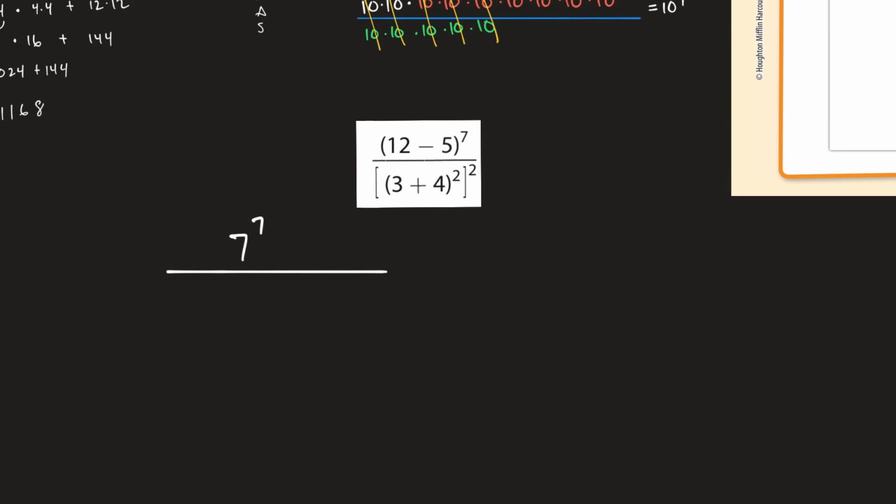Oh boy. 7 to the 7th power is a big number. And then that's over, what, 3 plus 4. I got to do 3 plus 4, which is 7 to the 2nd power. So this is going to be 7 to the 2nd power, and I'll put these right here to the 2nd power. And then this is going to be 7 to the 7th over. Now, what I could do is I could multiply 2 times 2, which is 4. And so it'd be 7 to the 4th.